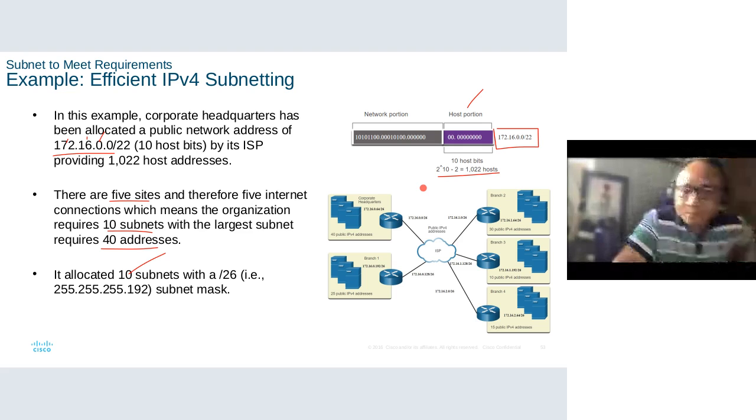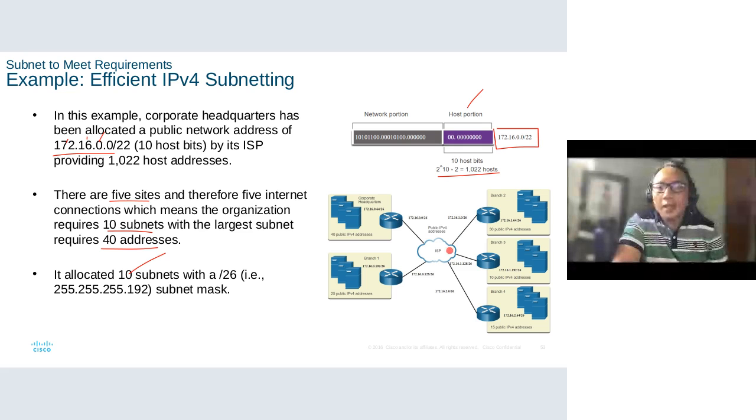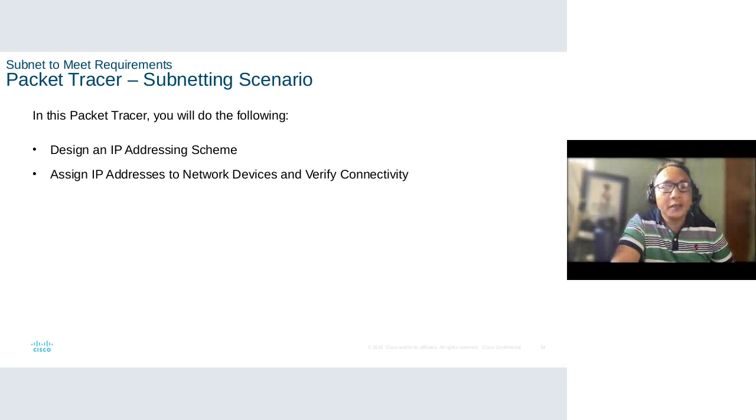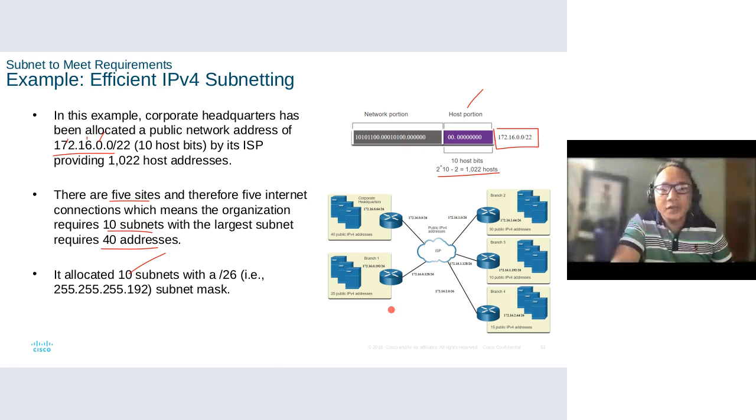So basically, hinati siya into 5, no, accordingly dito sa illustration dito, and you can see na ginamit niya yung /26, no? Kasi yung /26, it will give us 10 subnets. All right? So how do we explain this?